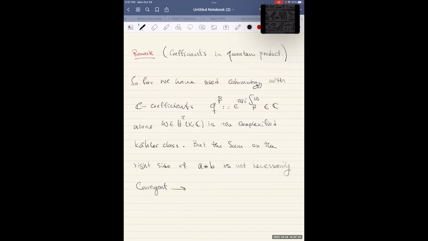The remedy is to think of Q to the beta itself as a formal variable, rather than a number.